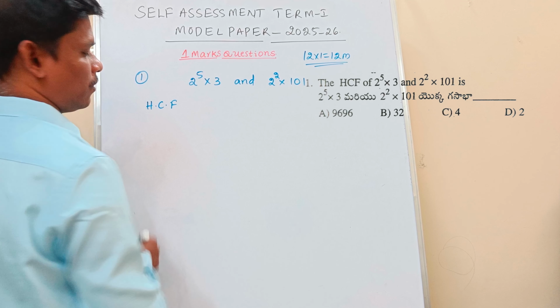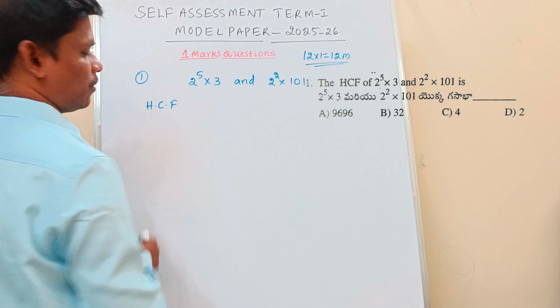So the common prime factor is 2, and we take the smallest power of the common prime factor.